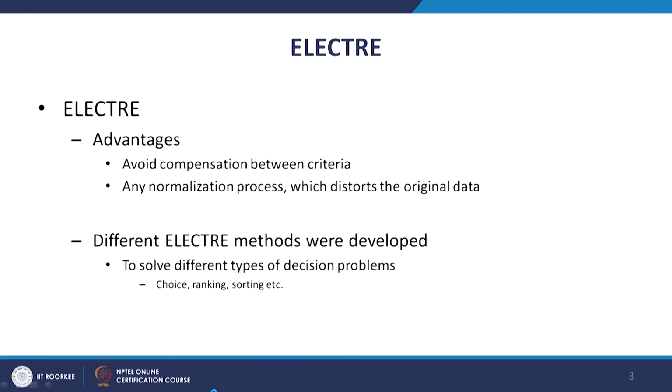The second one is that there is no normalization process which can distort the data. Something similar to what we discussed in AHP, where we said that if an alternative is introduced or removed, the denominator in the normalization process might change in the distributive mode that we talked about in the previous lecture.